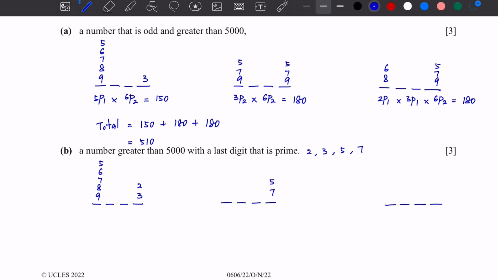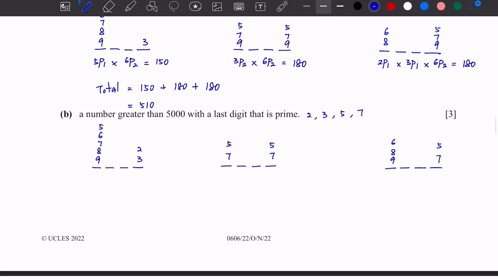And the first digit, we also need to choose from 5 or 7. And third situation, we have 5 or 7 as our last digit. And the first digit, we cannot choose from 5 or 7 anymore. We need to choose from 6, 8, or 9. Okay, so these are all the possibilities that we can have.